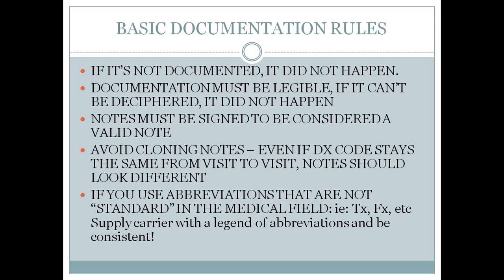The rule of thumb across the board is, if it's not in your documentation, it did not happen. I don't care if it happened or not, but if you didn't document it, it did not happen. So you have got to make sure that everything you put on a claim form, every coding item that we use on a claim form, is backed up by your documentation.